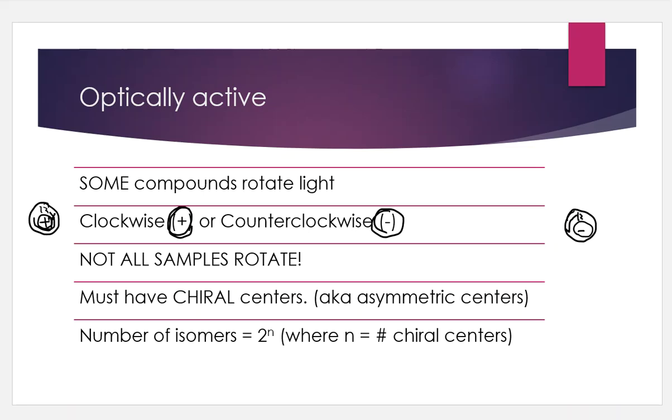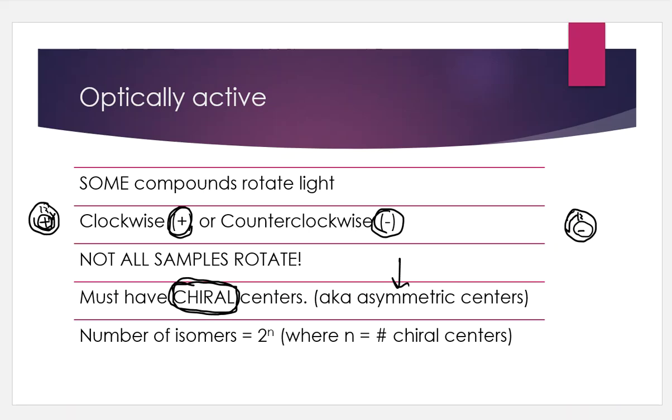Next up, not all samples rotate. And if they do rotate, they have to have something that we call a chiral center. And a chiral center is also known as an asymmetric center. So we're going to talk about that at least. We're going to define and we're going to look at molecules and some examples of chirality and these molecules that have a chiral center, because if it has a chiral center, then it has an asymmetric center.